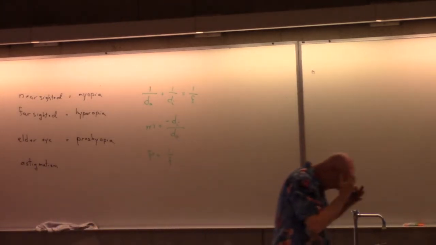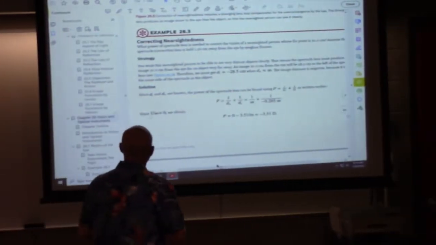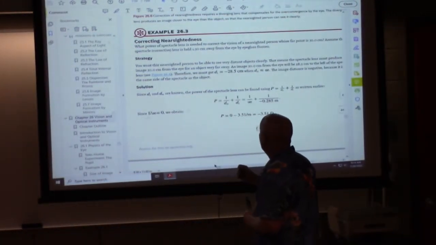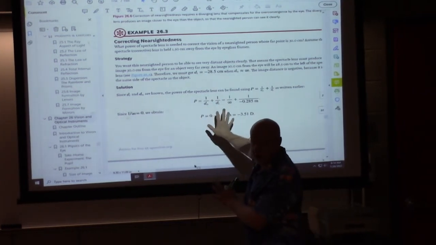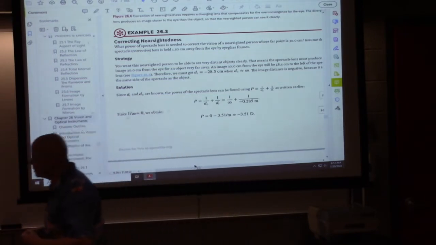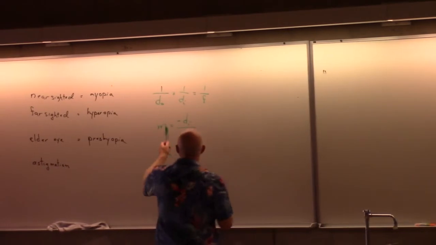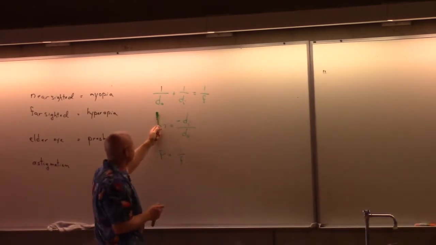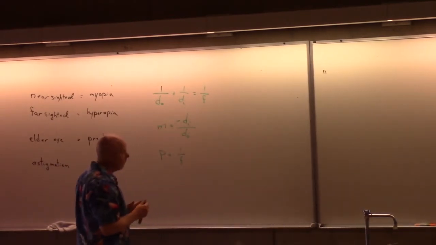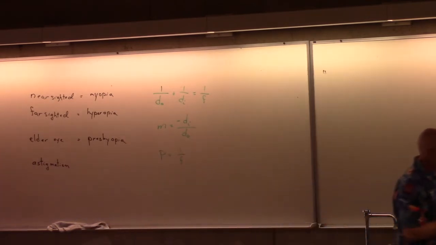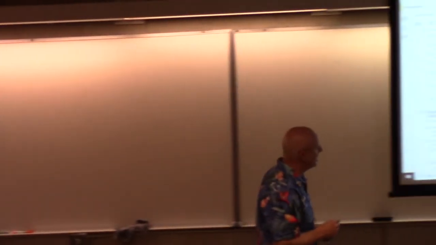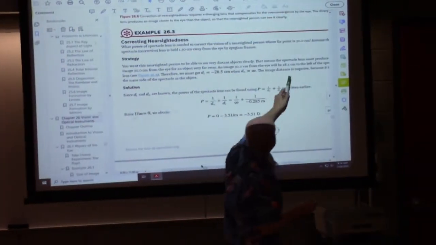All right, so let me get my creative juices going here and say, so what is the power? Now, of course, the author has the solution here, so let me not look at that. Let's think about this equation. I want to correct my vision. Keep in mind that the person's far point is 30 centimeters.